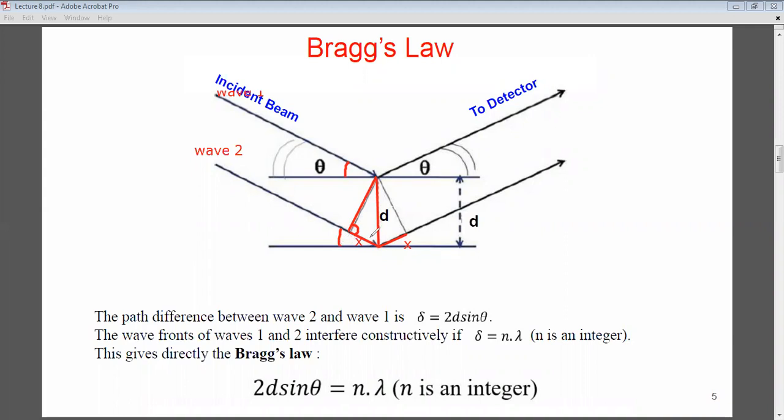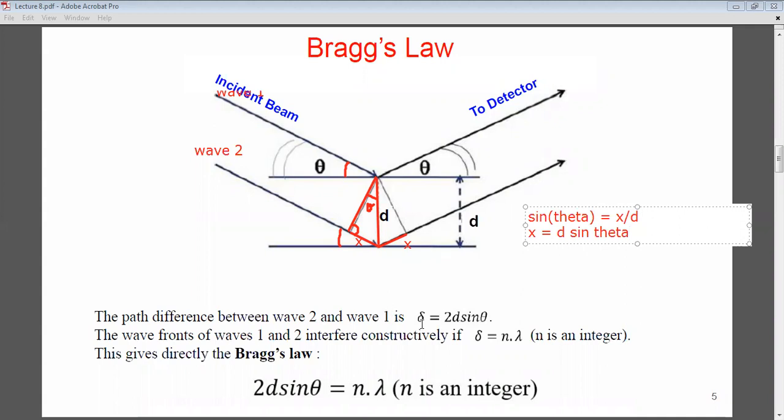So this angle over here is 90 minus theta, so this angle over here is theta. Now, if I take the sine of angle theta, it's equal to the opposite, which is x, divided by the hypotenuse, which is d. So how much is x? It's equal to d sine theta.